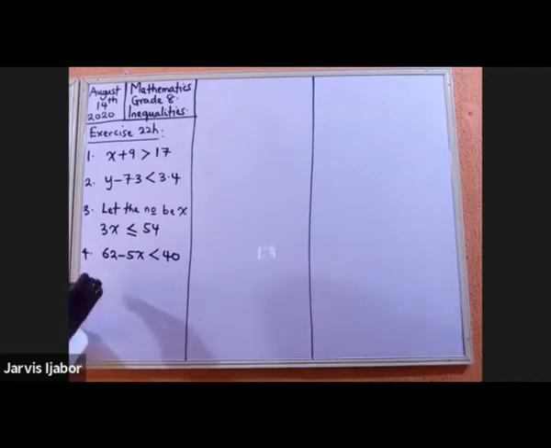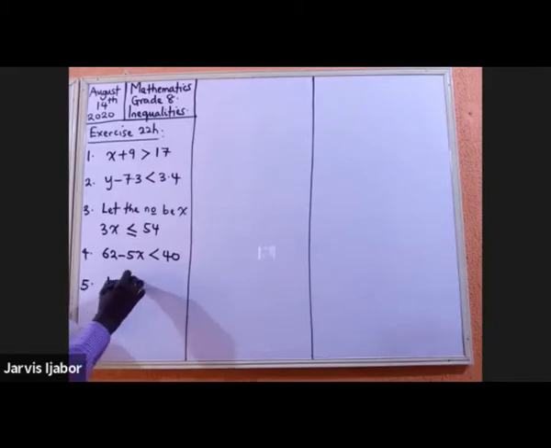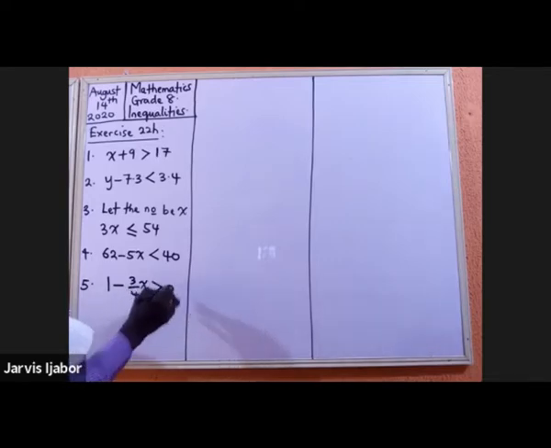Question 5. x is a whole number. If 3/4 of x is subtracted from 1, so that's 1 minus 3 over 4x, the result is always greater than 0.